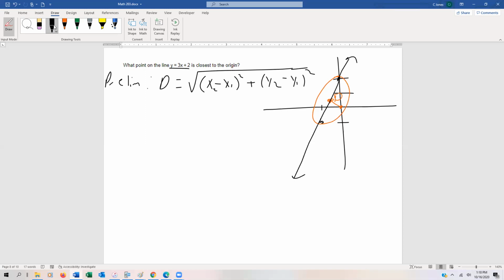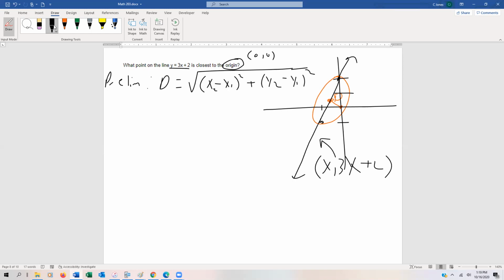In this case, we have the origin, which is the point (0, 0), so that could serve as one of the points. And then on this line, we would have x, and then y is equal to 3x plus 2, and that's all the points on this line. So let's just substitute.